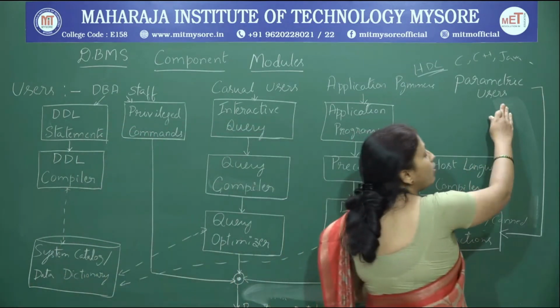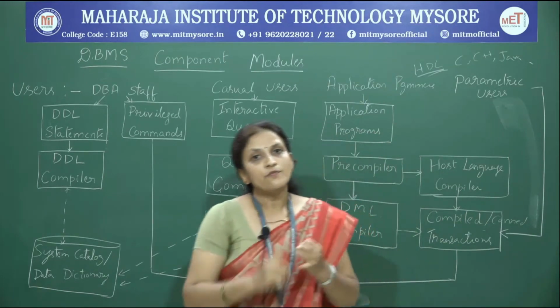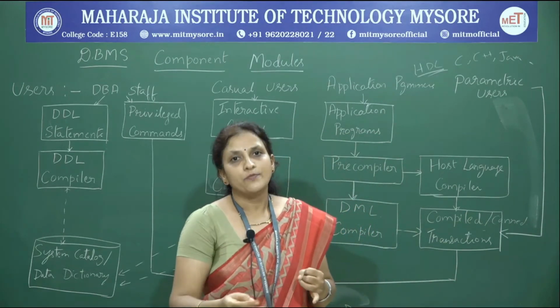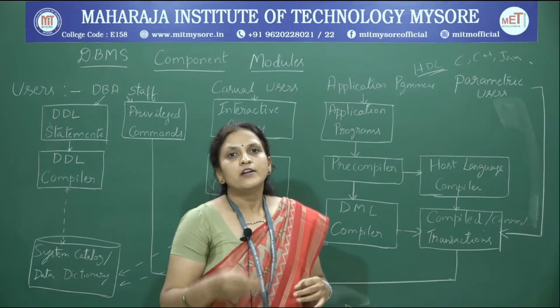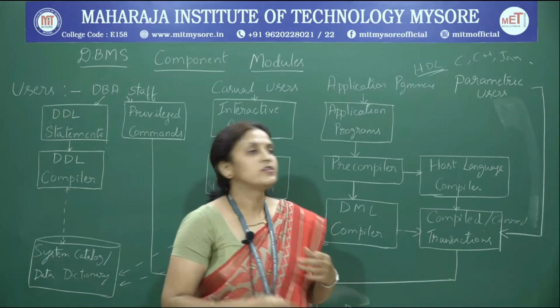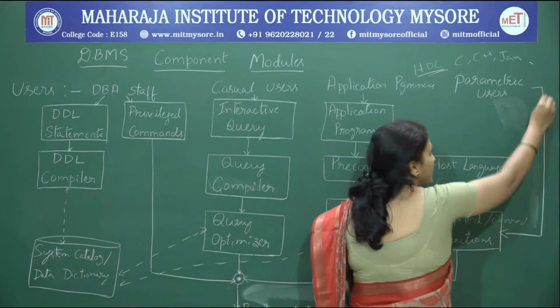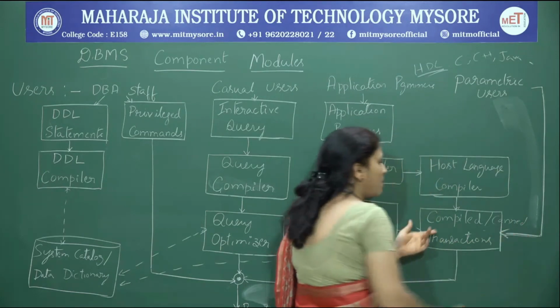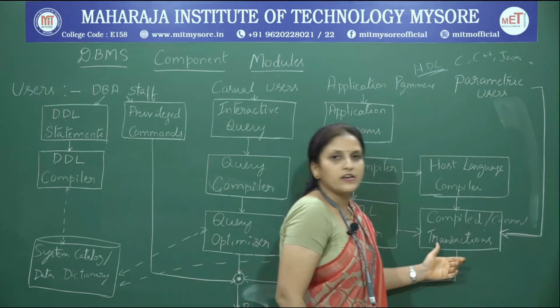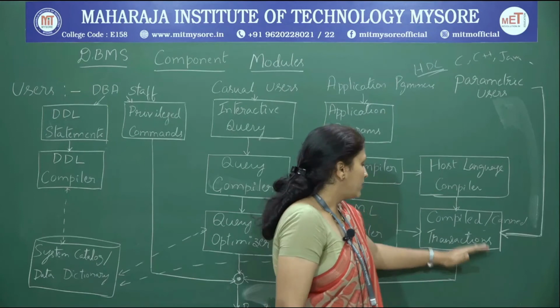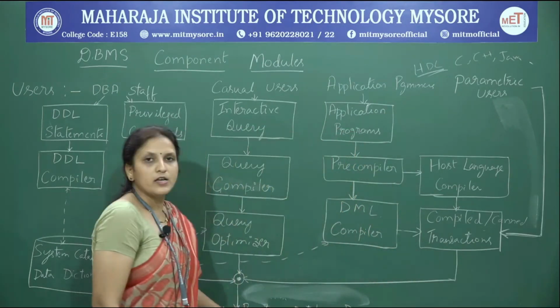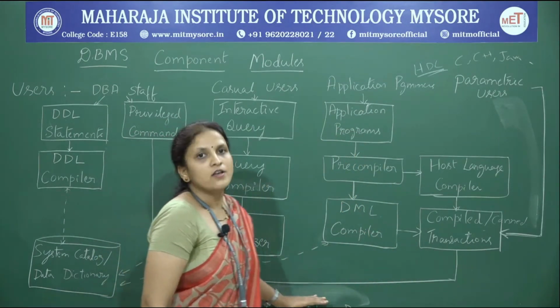The parametric user always works on the stored procedure with different input, right. Every time they will feed different input for the same set of procedures. So, he will directly come to this compiled transaction or canned transaction part. That will be fed to the runtime database processor for further processing.